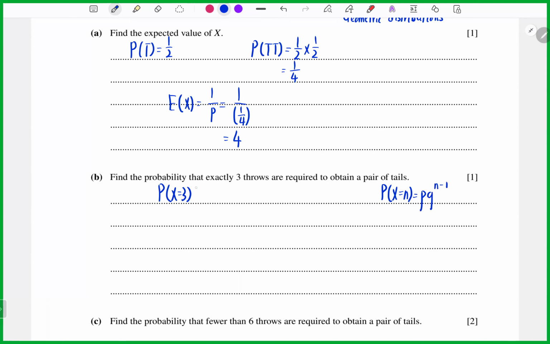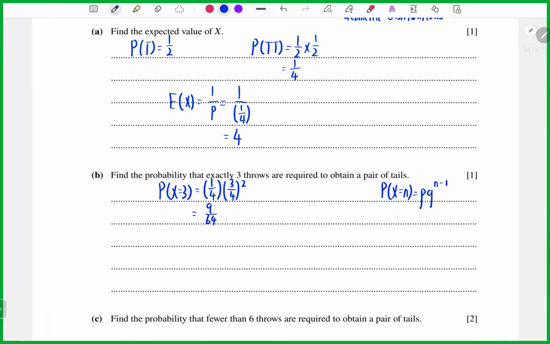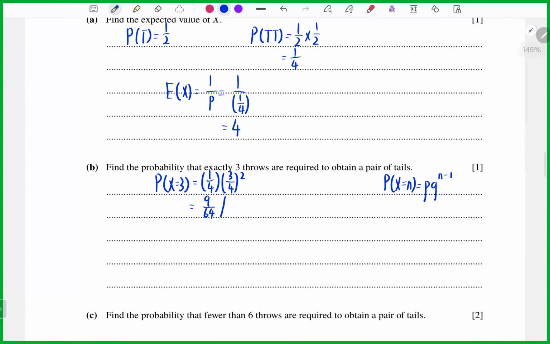For this formula, you can apply here 1 over 4, 3 over 4 power 2. So you will get 9 over 64, or you also can write in decimal places 0.141.